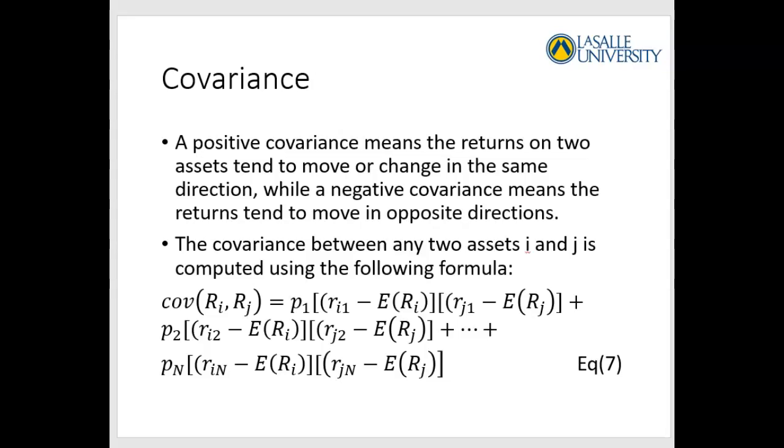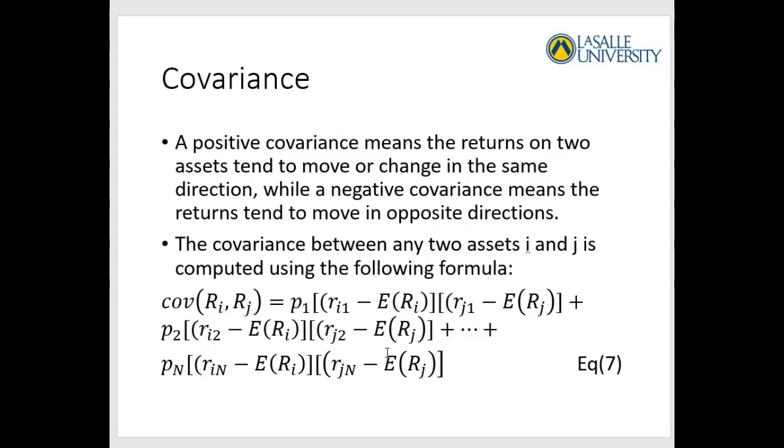The covariance between any two assets, I and J, can be computed using the formula which is given in equation 7 over here. And what you'll notice is that this formula is very similar to equation 5, or the formula for variance.